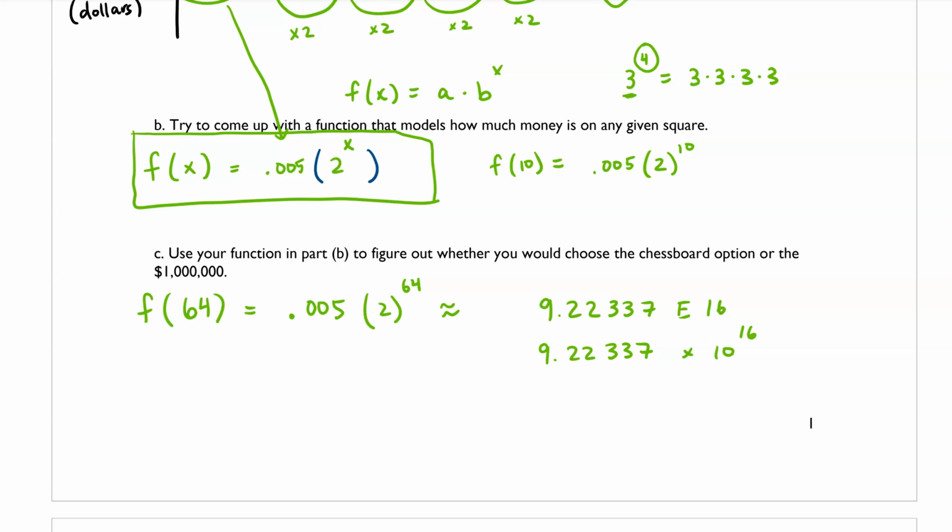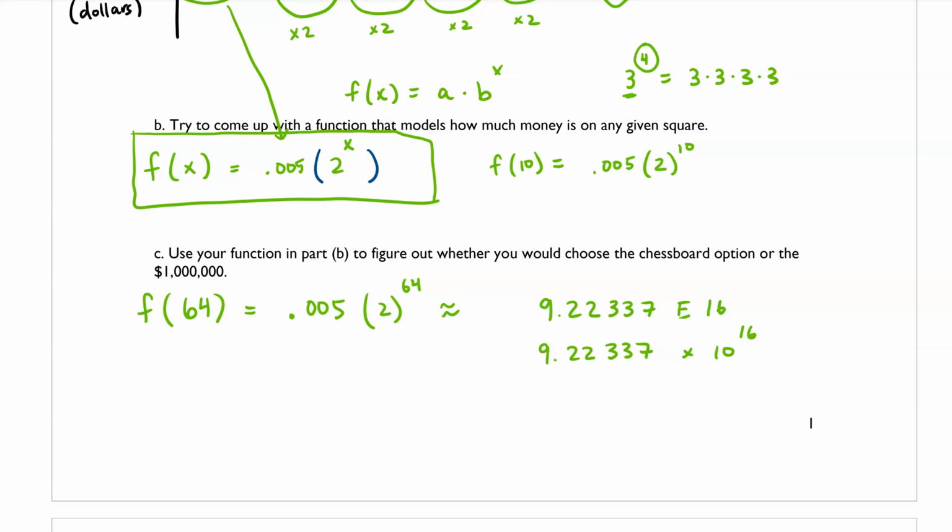So if we're multiplying by 10 16 times, another way of saying that is we would move the decimal point to the right 16 places, which is a very, very massive number.